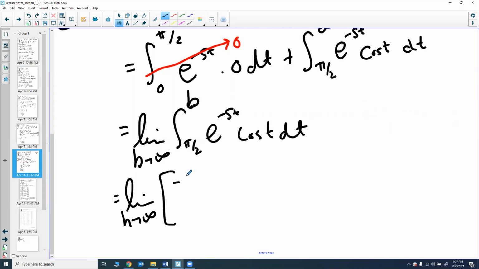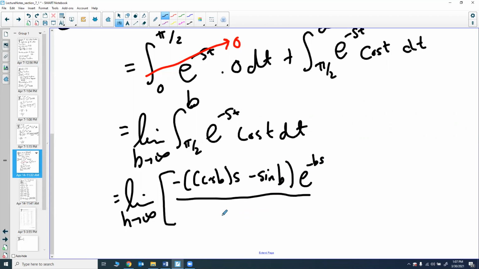This is equal to the cosine of b times s minus the sine of b, all of that times e to the minus b times s, all over s squared plus 1, minus e to the minus pi times s over 2, all over s squared plus 1.